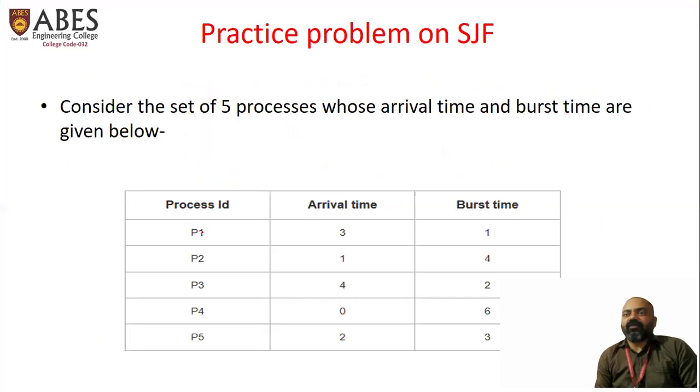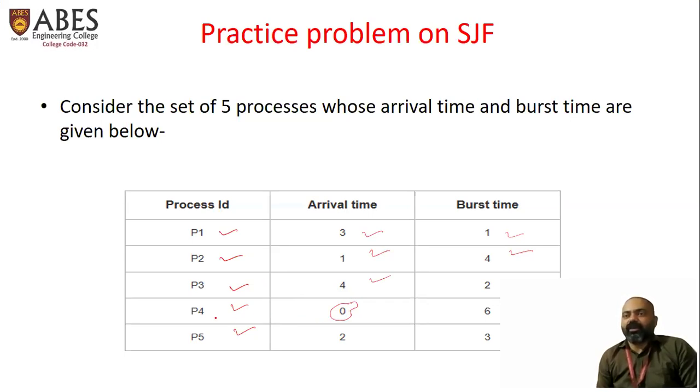Here are 5 processes P1, P2, P3, P4, P5 with their respective arrival time and burst time. So in non-preemptive SJF, which process will get executed first? According to arrival time, P4 is available for execution at 0 time.